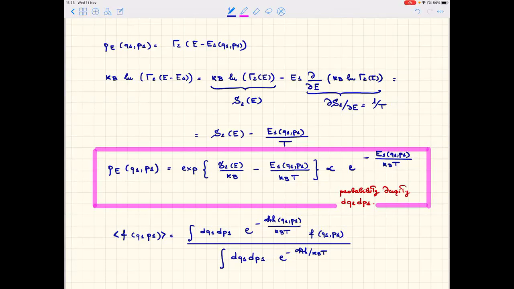That tells you that if you pick the hypersurface of constant energy, or the slice of almost constant energy, the famous lasagna, then the density of phase space points there is uniform.